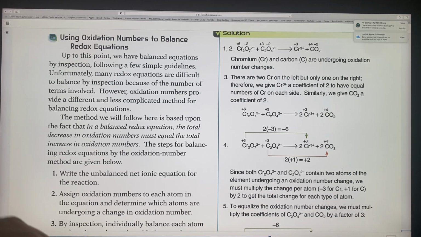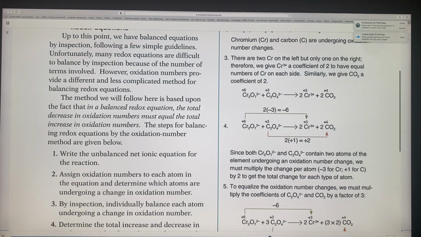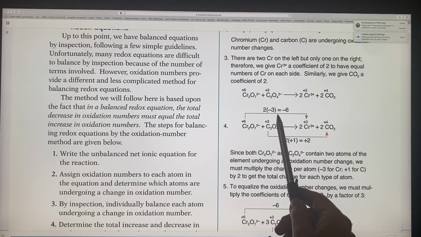Since both chromium and carbon contain 2 atoms of the element undergoing an oxidation number change, we must multiply the change per atom. So it's going to be -3 for chromium and +1 for carbon, and you have to multiply these by 2. See, that's what they did up here.